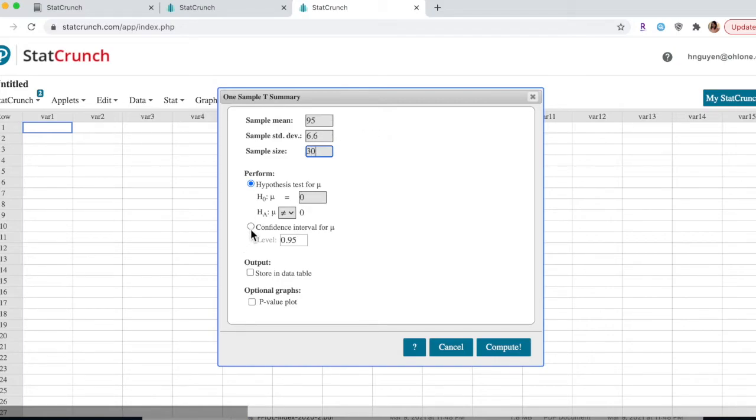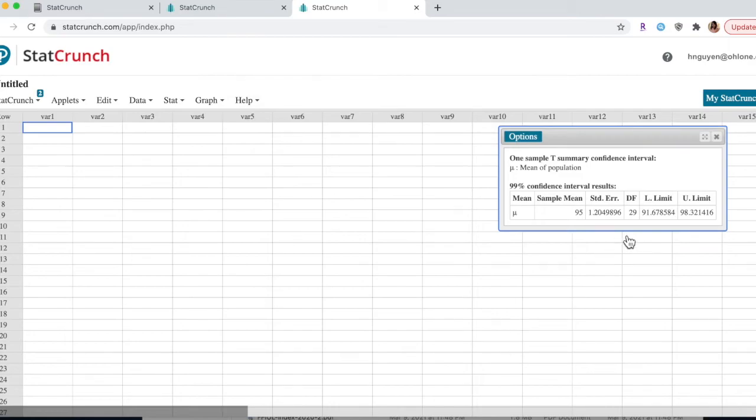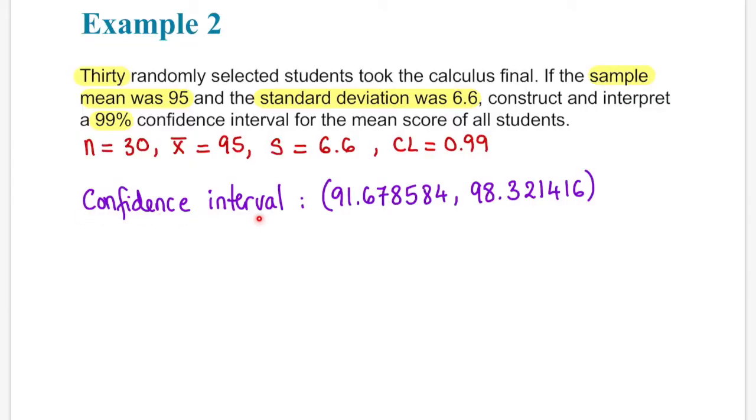We are going to choose this and change the level to 99%. Compute. This is my lower limit and this is my upper limit. My confidence interval is 91.678584 and 98.321416. If there is an instruction on how to round, please follow the instruction.